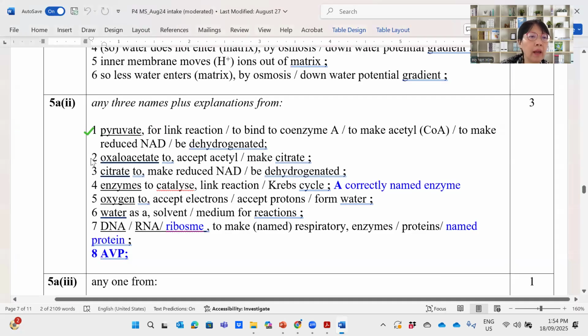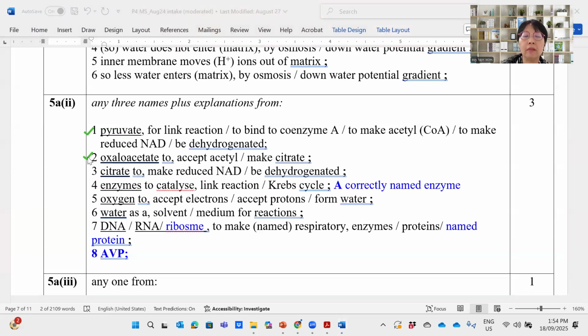Okay. Then we have oxaloacetate. What does it do? It will accept the acetyl to form citrate. So write the full chemical equation. Then the citrate will be dehydrogenated to form alpha ketoglutarate. Okay.